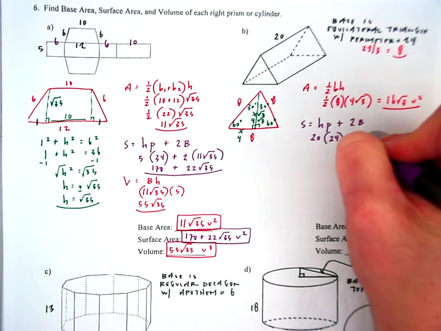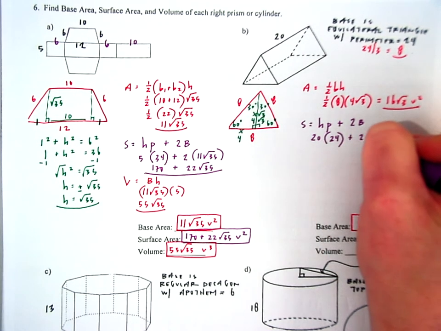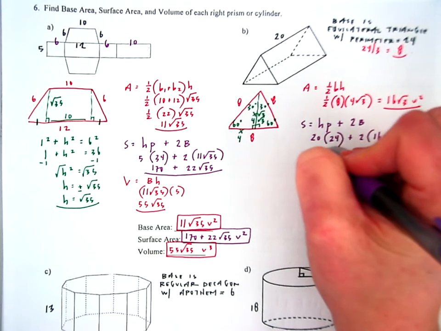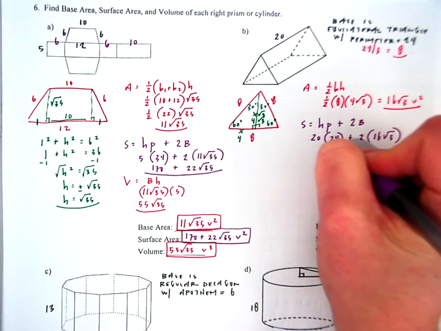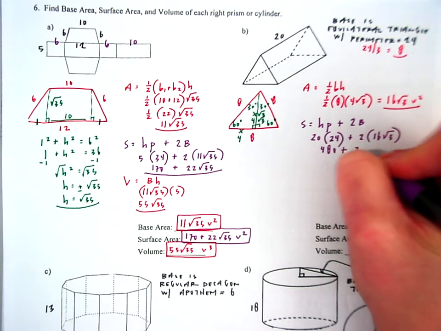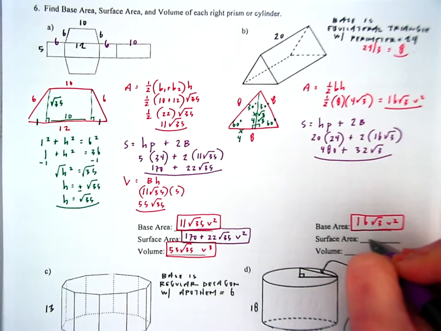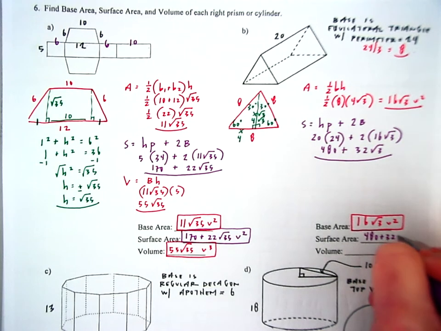Two base areas, each one is 16 root 3. So 20 times 24 is 480, and then plus 32 root 3 units squared as well. So 480 plus 32 root 3 units squared.